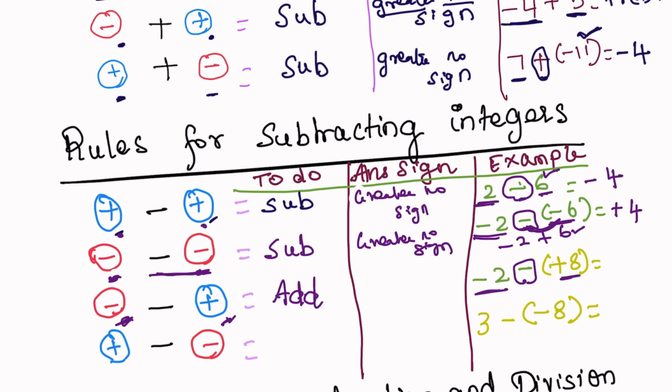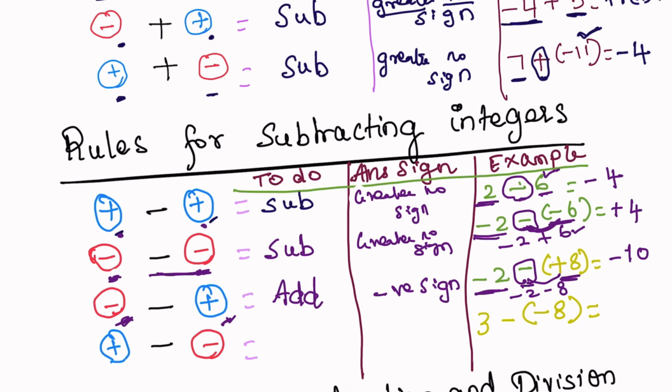When one number is negative, the other number is positive, we do addition and give a negative sign. So here -2, minus of a positive number 8. Minus into plus is again minus. The sum becomes -2 -8. So I add the numbers and give a negative sign.